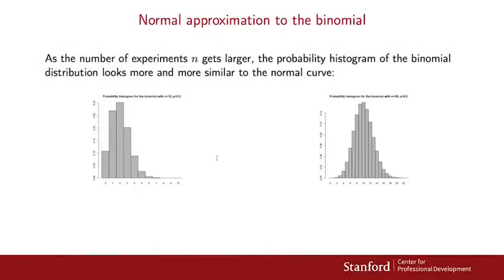So if you look at the probability histogram for the binomial with 10 experiments and a probability of success of 0.2, you see that that histogram looks somewhat skewed. So there is a long right tail. But if we increase the number of experiments to 50, then you see that the corresponding probability histogram looks rather symmetric, and in fact it looks close to the normal curve.